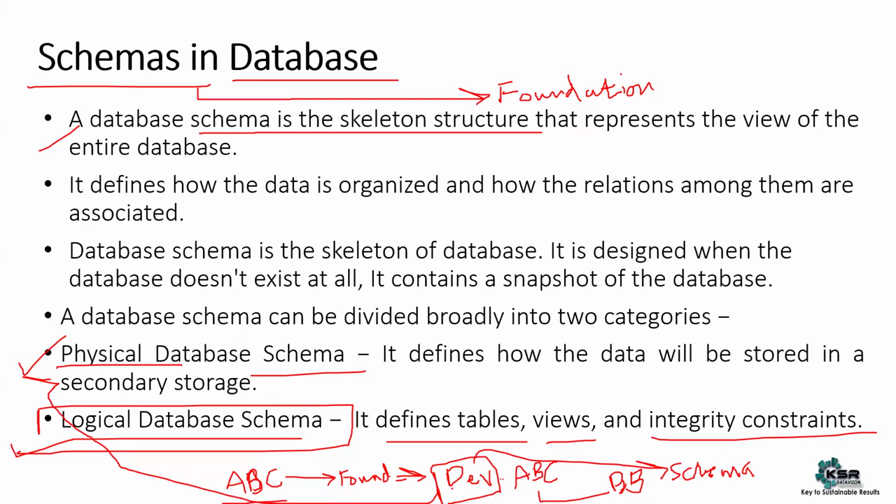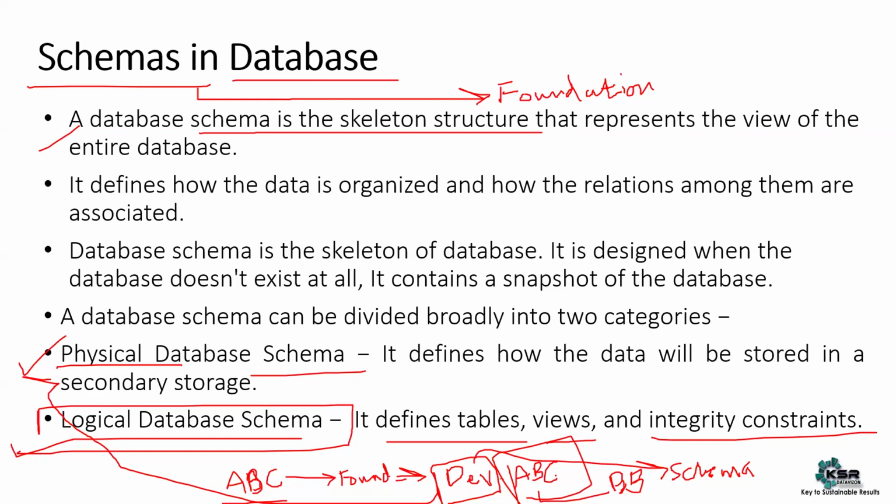If you're trying to dump any information to this ABC database, it is stored somewhere in a schema. Because schema is a skeleton, it is going back and storing it in the schema. That physical information of storing is called the physical database schema, and you cannot view it.